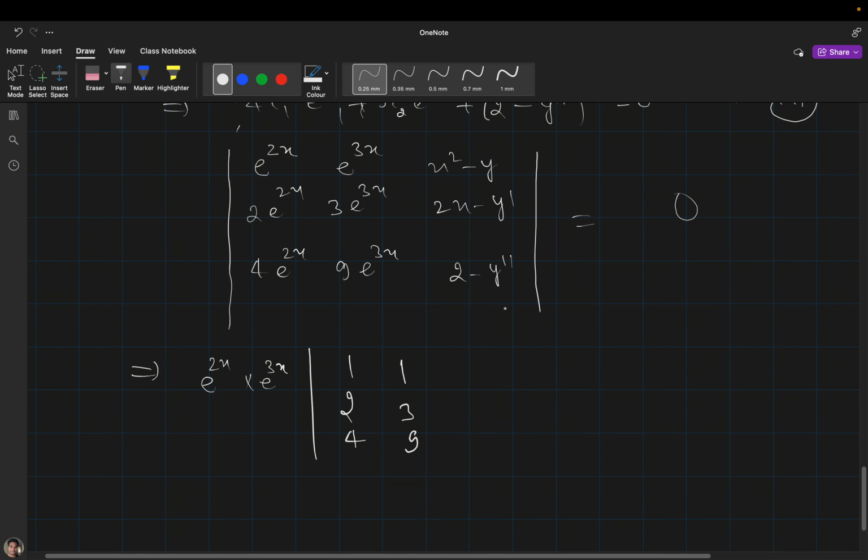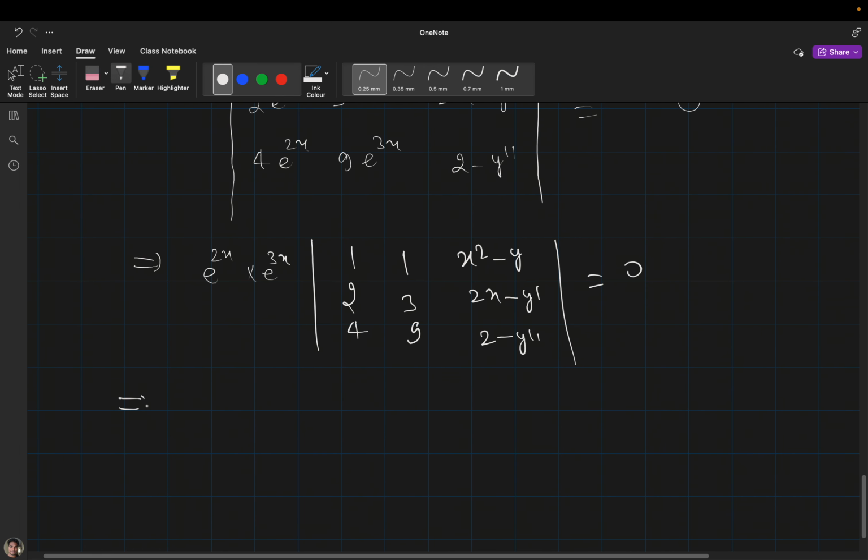And if there is no such common factor, you have to leave it as it is. So it will be 2x minus y dash, 2 minus y double dash, equal to 0. Since the exponential factor is not equal to 0, it is arbitrary, so you don't have to solve it. Now the remaining is this determinant. Then you have to find the determinant.